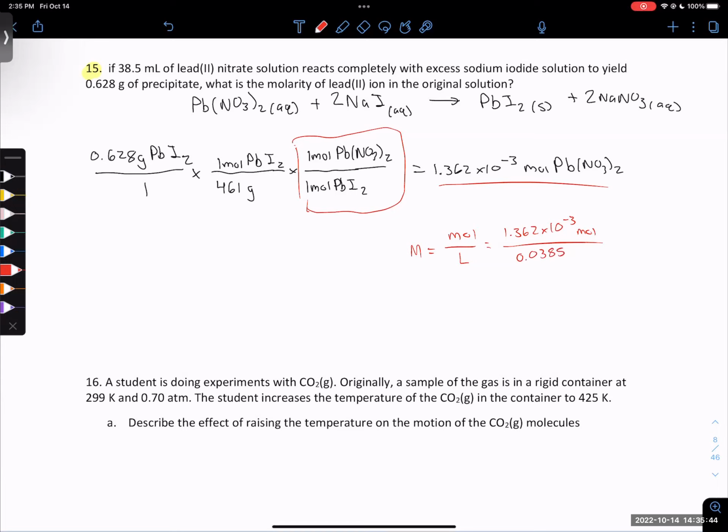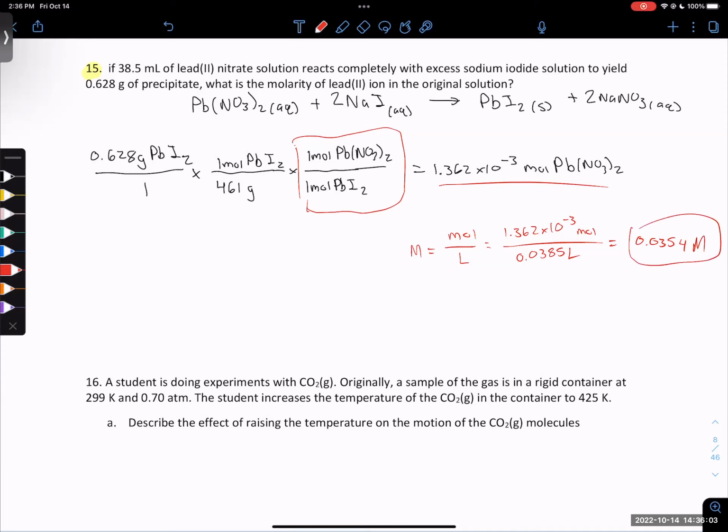If you plug in your milliliters, you're gonna get that wrong just because the units are not correct. And I got 0.0354 molar.